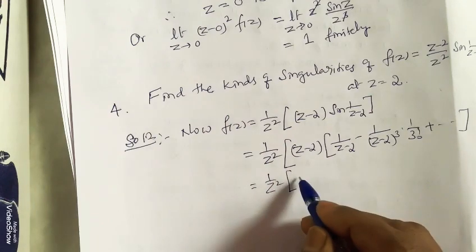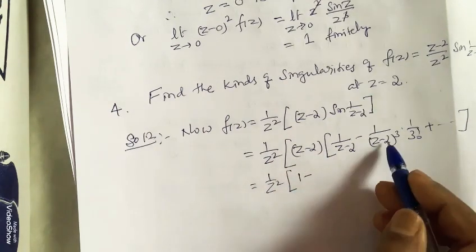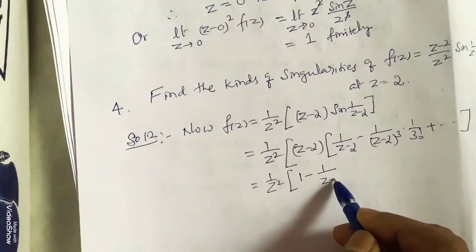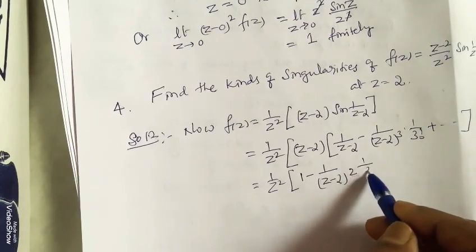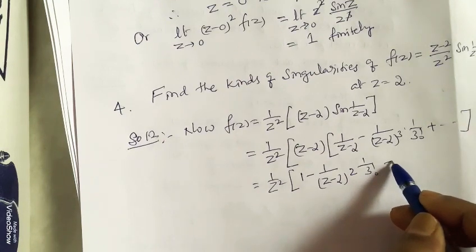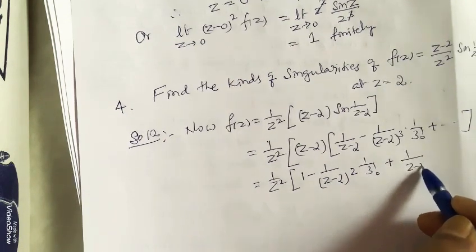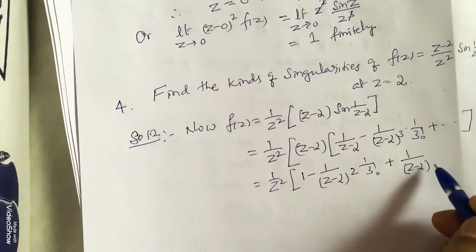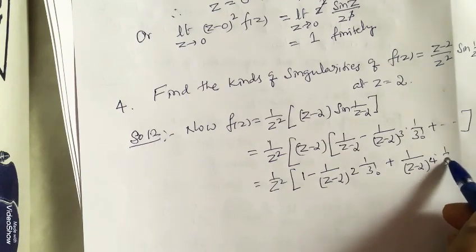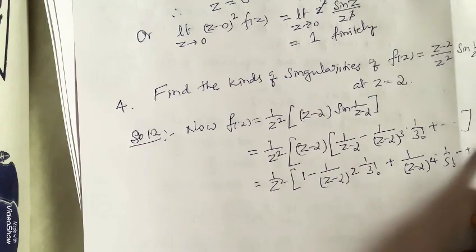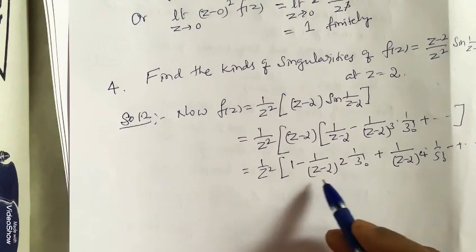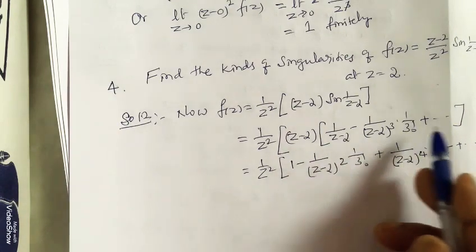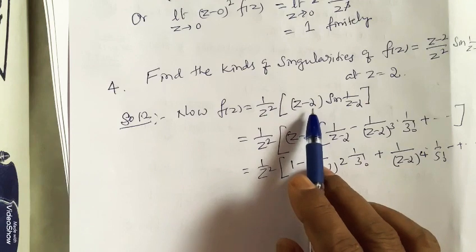So z − 2 into 1/(z − 2) is 1, minus (z − 2) into 1/(z − 2)³ is 1/((z − 2)² · 3!), and next term plus 1/((z − 2)⁴ · 5!), minus plus and so on. So if you see this, it contains an infinite number of terms as negative power of z − 2. Therefore, you can say that z = 2 is here an essential singularity.